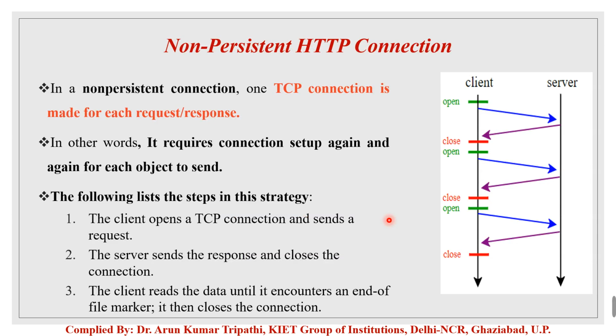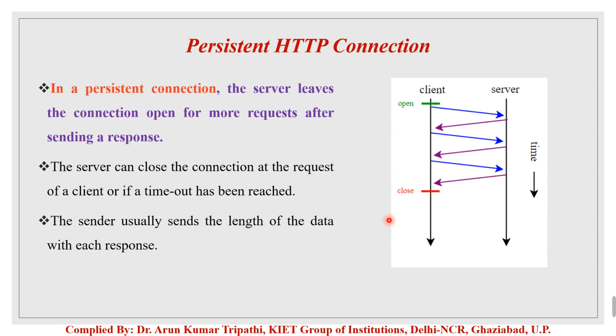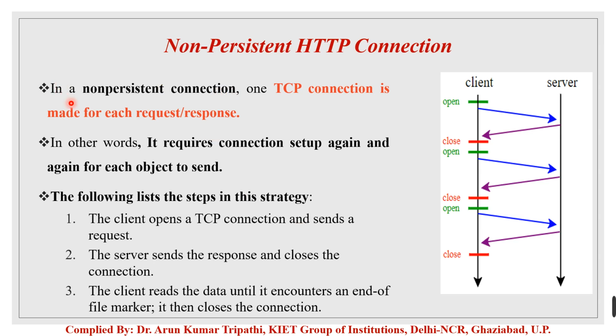Now, HTTP connection is of two types. The first one is non-persistent and the second one is persistent. Firstly, I am going to discuss the non-persistent connection. In a non-persistent connection, one TCP connection is made for each request-response. Means the client requests a particular web page from the server, and the server opens a connection for that client, and once the request is over from the server side, it gets closed.